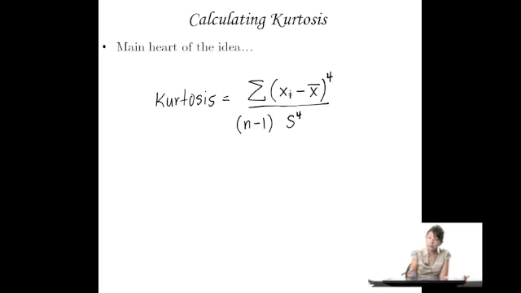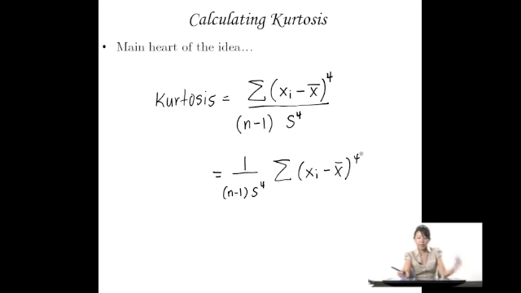But once again, even with kurtosis, you could write it in a number of different ways. You could write it as 1 over n minus 1 times s to the fourth power, and then put your sum of fourth powers here. Sum of quads? I'm not really sure. So instead of sum of squares, we're raising it up to the fourth power, right?